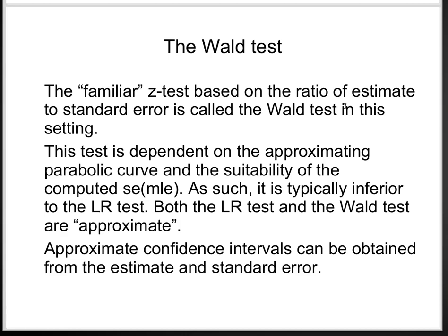Now, the Wald test turns out to be inferior to the likelihood ratio test in certain ways that we'll leave for the time being. But both the likelihood ratio test and the Wald test are approximate tests. It's just that the likelihood ratio test has better so-called sampling properties than the Wald test has. Now, we would again expect that the p-values we get from the likelihood ratio test and the Wald test should be fairly close. And if they're not, then again, the issue of whether we should be using an approximate method comes up.